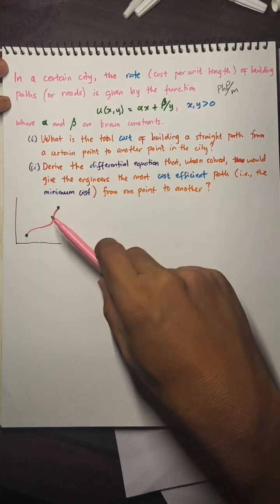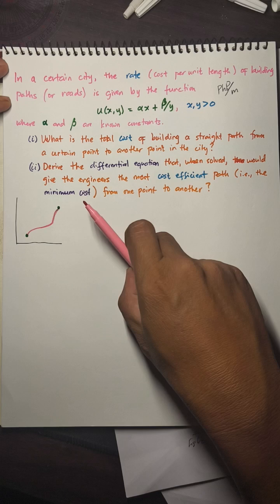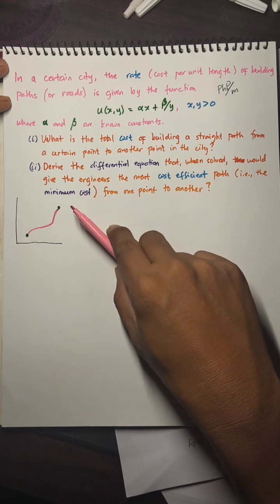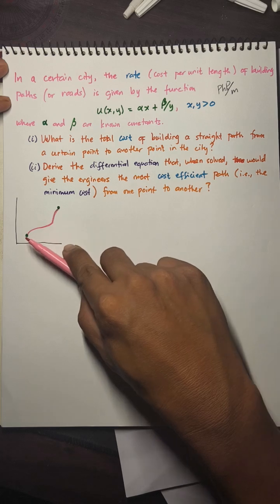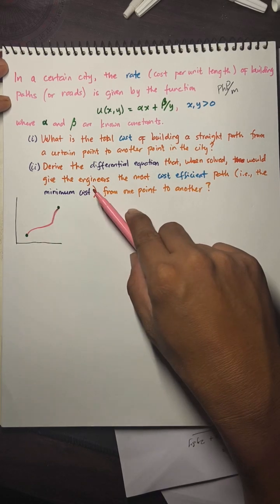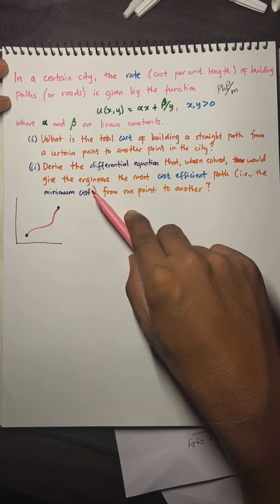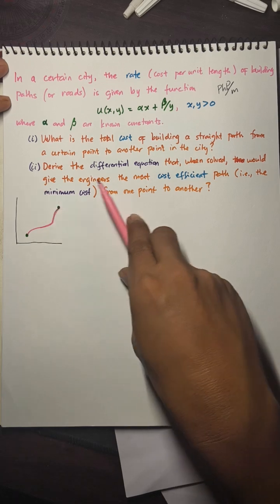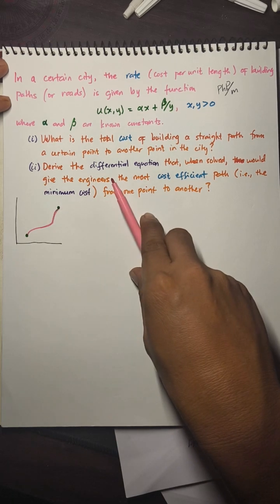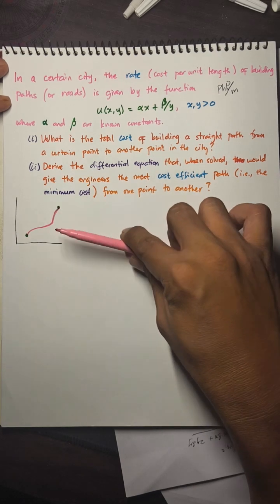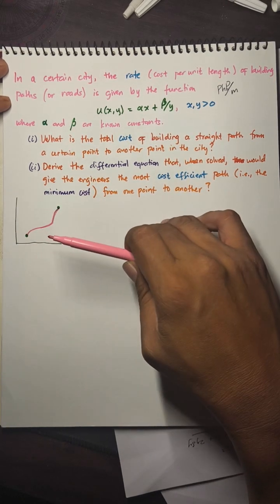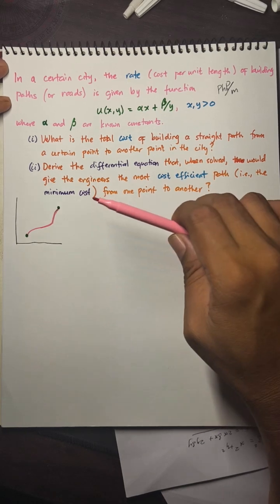Now, the cost of the path depends not only on the length of that path or road, but also on where the road is built, because we have a different rate. Building roads or structures in the city proper would be much more expensive than building in the more rural areas.